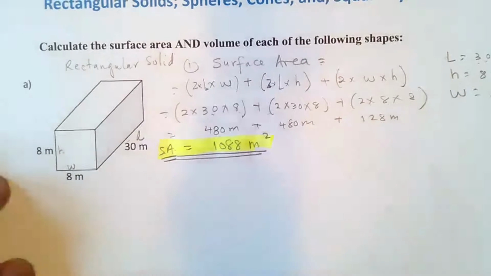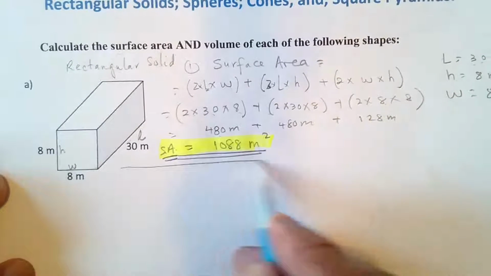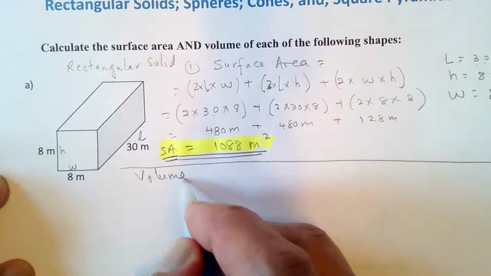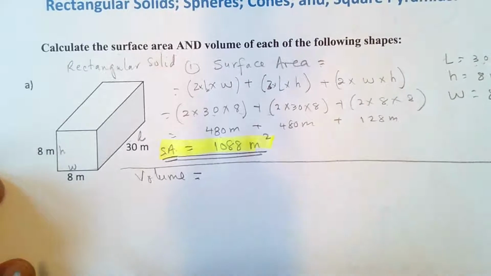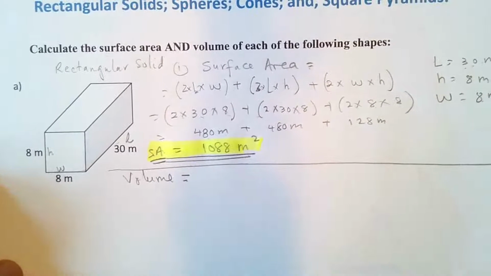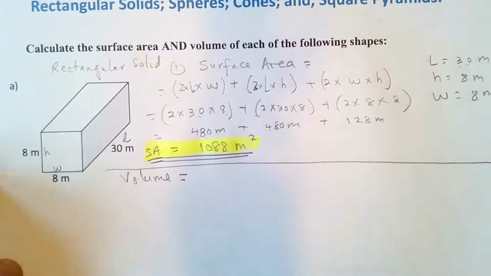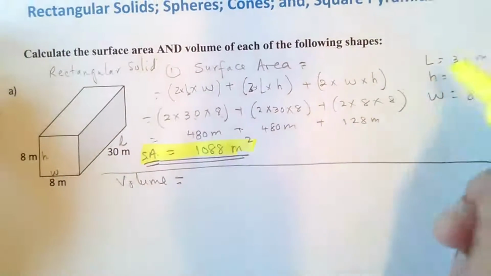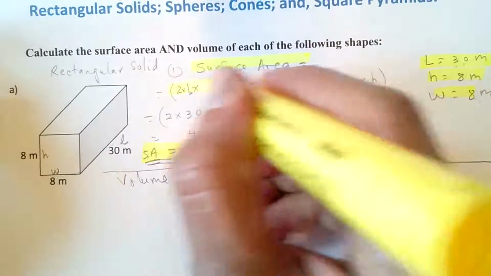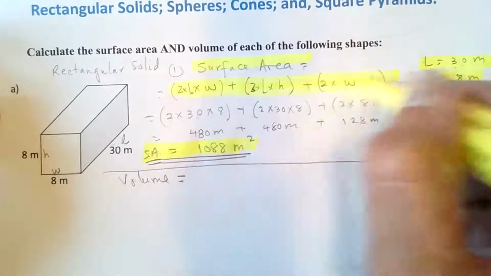Now we're going to find our volume. We've already established our dimensions here, so I'll highlight these because we'll be using them again. So this is my formula for surface area.